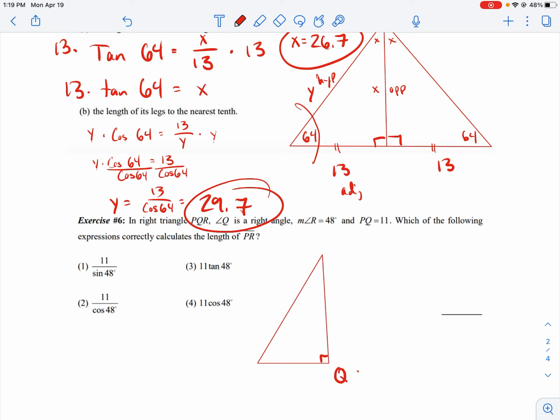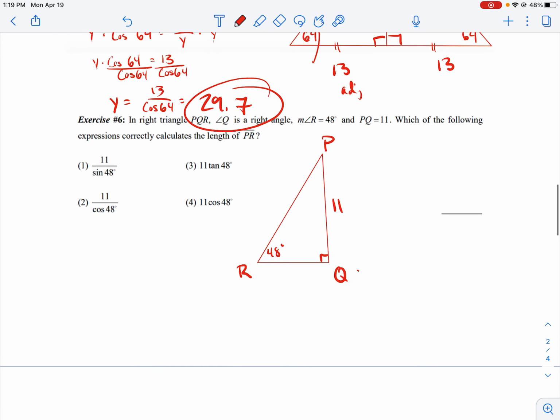Q is the right angle, R is 48 degrees, and PQ is 11. It's asking which of the following expressions correctly evaluates PR. This is our opposite, this is our adjacent, this is our hypotenuse. So which one of these expressions correctly calculates the hypotenuse?